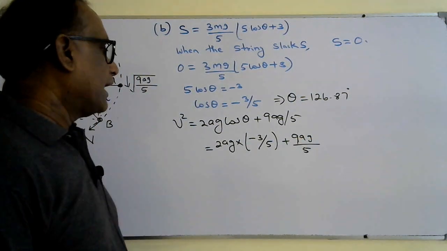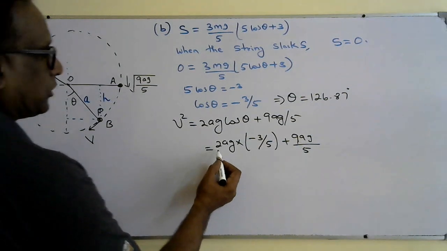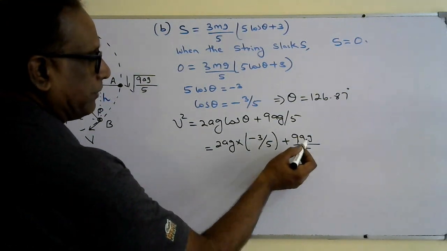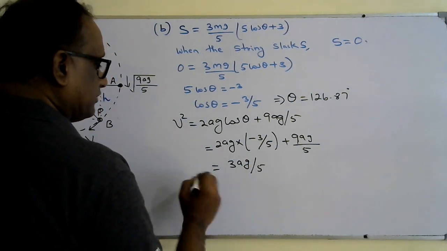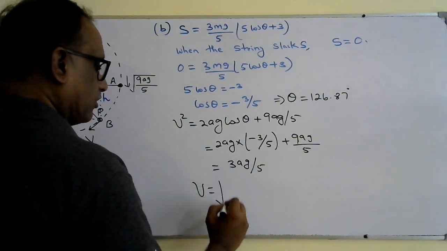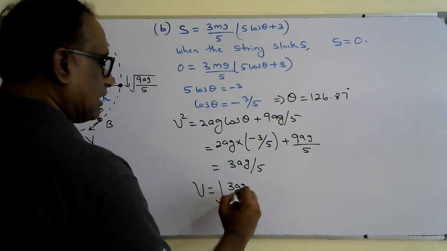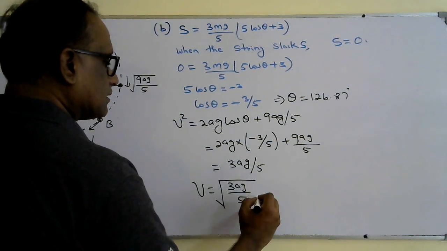Solving it, this is minus 6Ag over 5 plus 9Ag over 5, so 3Ag over 5 is V squared. So V is the square root of 3Ag over 5. That's the answer.